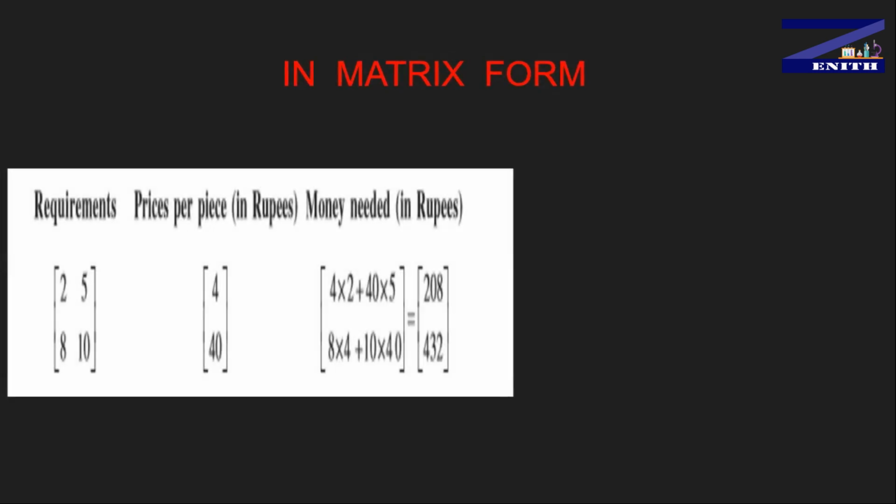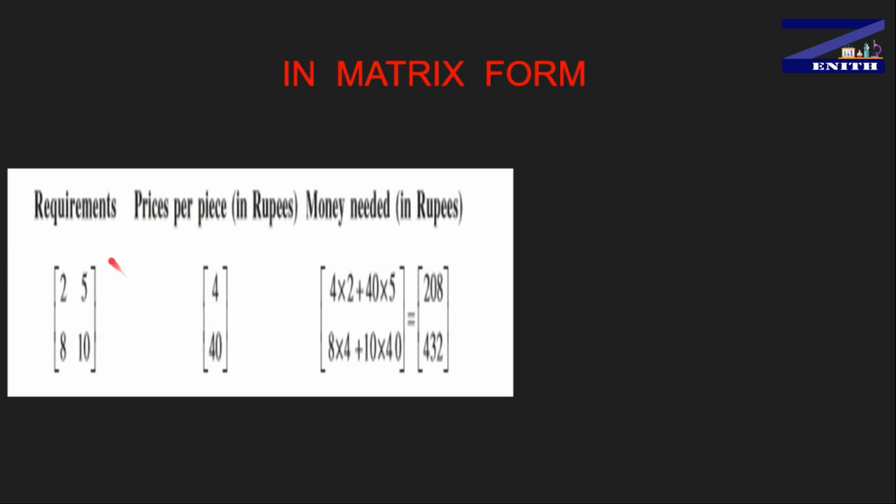Now, guys, how will we represent them in matrix form? The requirements are 2 pens and 5 storybooks, and 8 pens and 10 storybooks. On the other side, the prices are 4 for pens and 40 for storybooks.